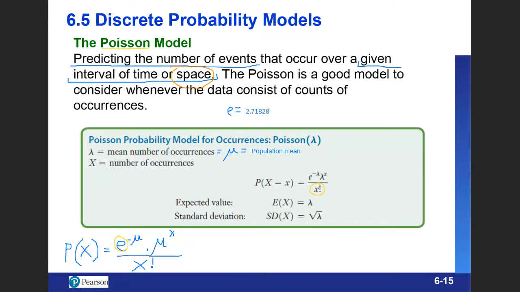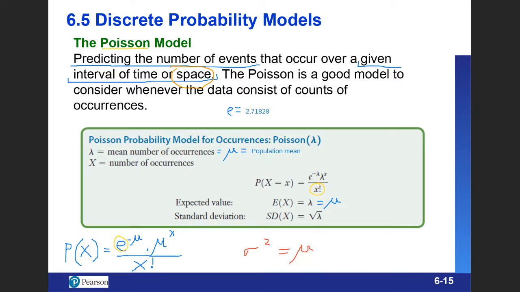Okay, so let's continue before we start applying this to an actual problem. Expected value is your mean, right? That never changed. Standard deviation. So I'm going to write this differently. And I want you to note this in your notes, that sigma squared is always equal to mu.